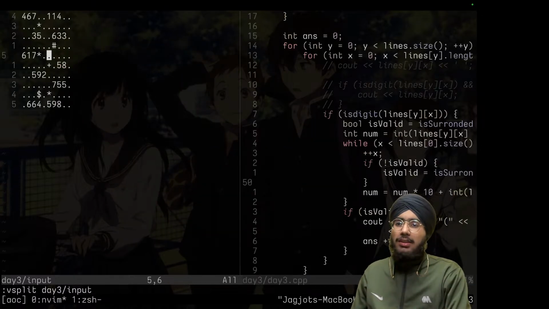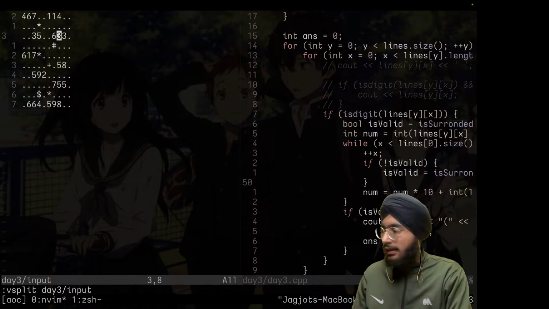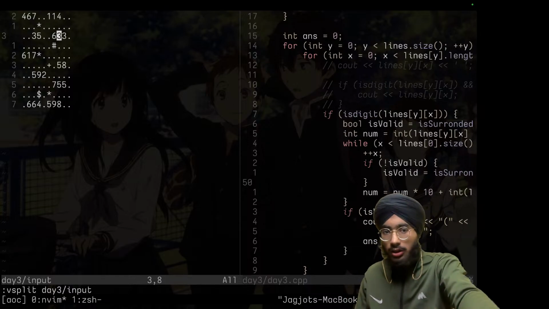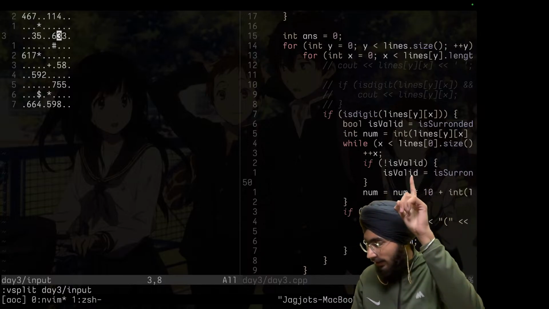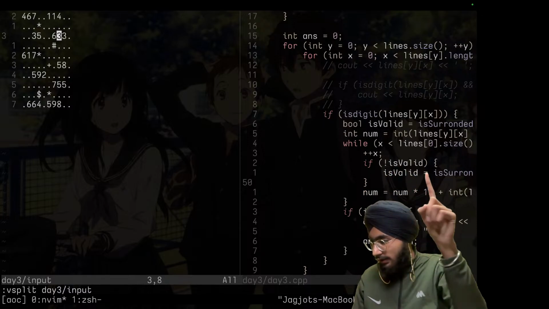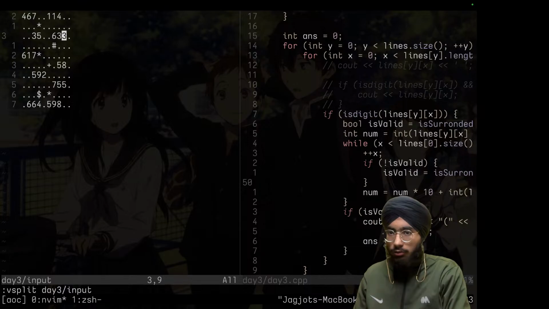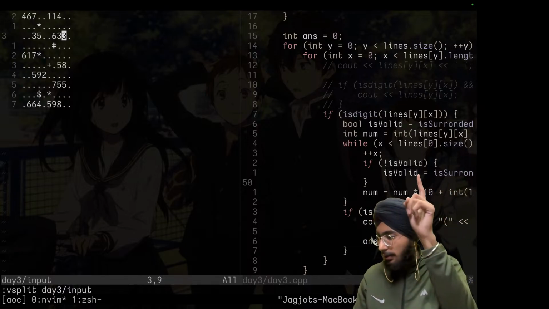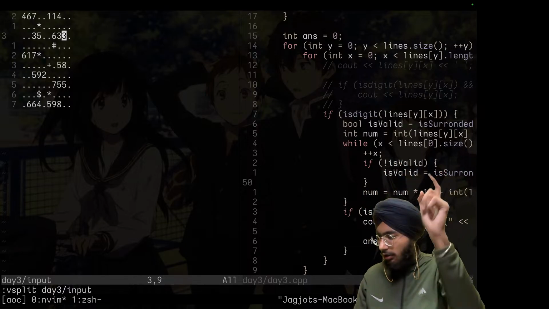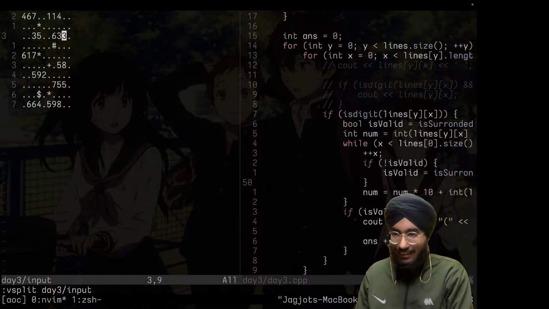Yeah. See this, it is valid. Okay, is valid is true. This is not valid because we did not have this condition, right? It was turning this true into false, and then false was going to remain false because this condition was not there, right? Oh my God.